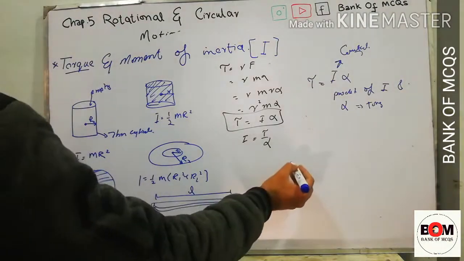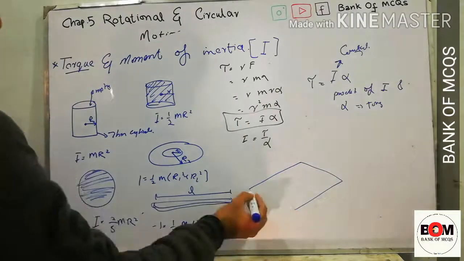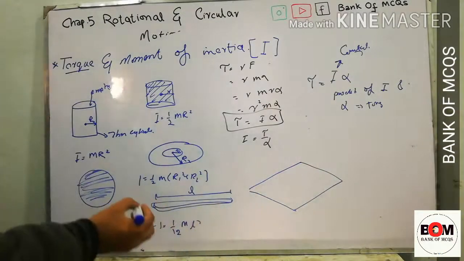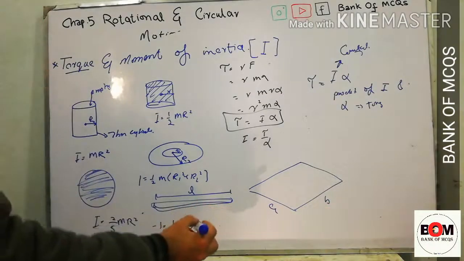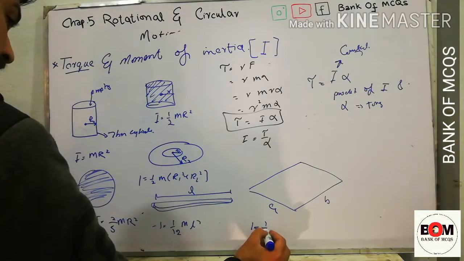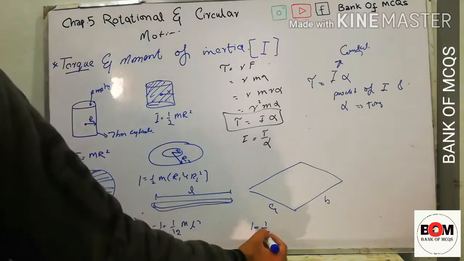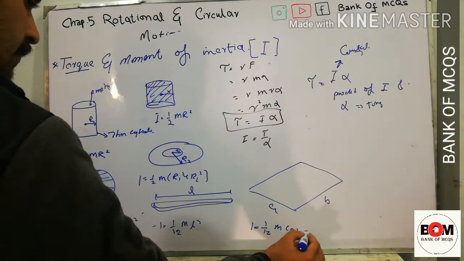Or if we have a rectangular plane of sides a and b, for that I is equal to 1/12 m into a square plus b square.